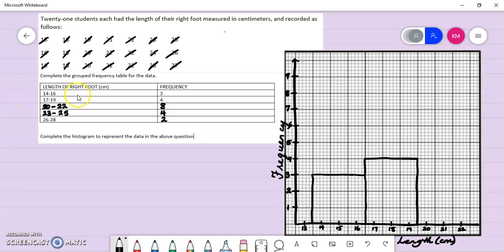Your third one, I'm just going to do the third one as an example. It's going to be from 19.5 to 22.5. So right where I ended with that last one there, I'm going to start back, and it goes up to 8. So I have to carry this new bar up to 8.